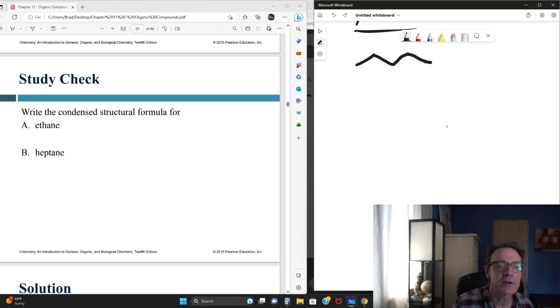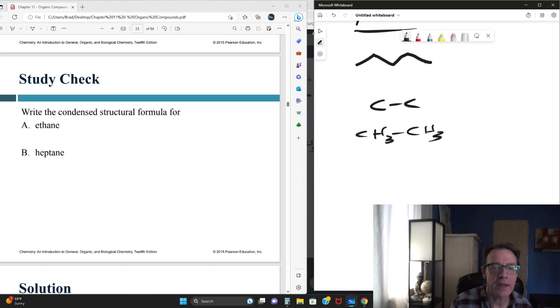So for the condensed structural formula, we have a carbon and a carbon. You can draw the expanded first if it helps you, but they didn't ask for that. They asked for the condensed. So we know that each carbon is bonded to 3 hydrogens. There we go. Ethane.